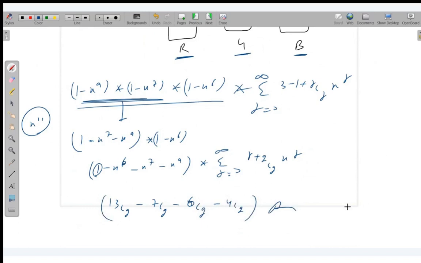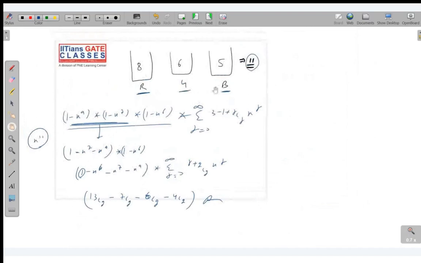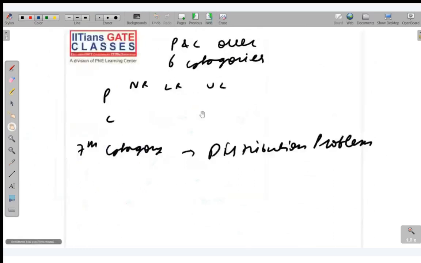I have told you in the GATE exam it is a 1 or 2 step question, so this is clearly a 2 step question, only 2 steps. So here we have covered permutation and combinations. Finally, permutation and combination is over.